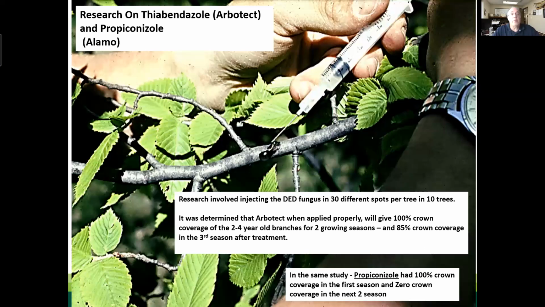We thought, well, maybe we should put in more, and we tried that. It didn't work, and in future studies, basically, it got 85% crown coverage in the 3rd season after treatment. This is why we scout all of our trees in July of the 3rd year after treatment.